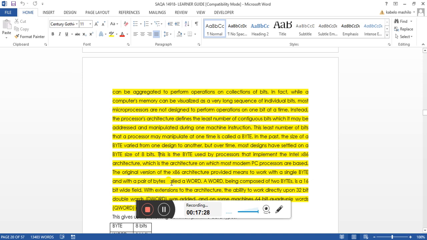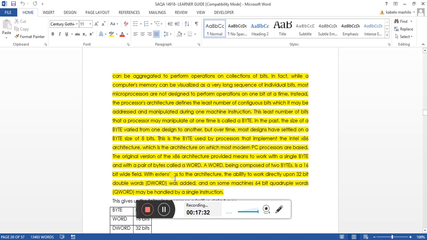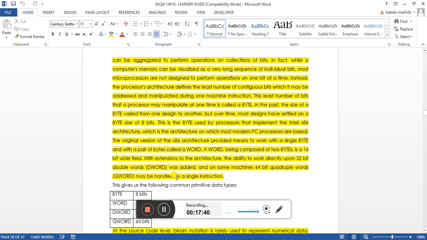The original version of the x86 architecture provided means to work with a single byte and with a pair of bytes called a word. A word, being composed of 2 bytes, is a 16-bit wide field.